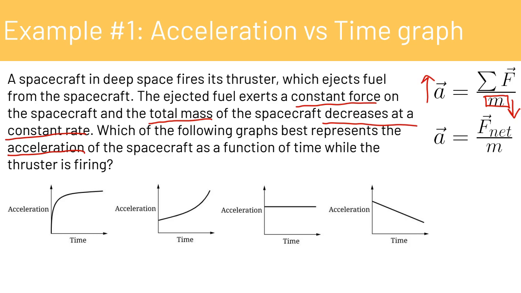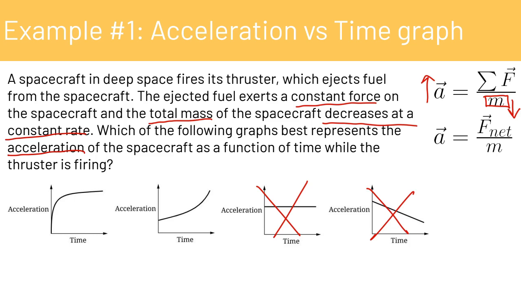So we can tell right away that we're not going to have a constant acceleration, and we're not going to have a negative acceleration, because the mass is going to get smaller as we go, which means that this whole fraction is getting bigger, so the acceleration is going to get bigger.